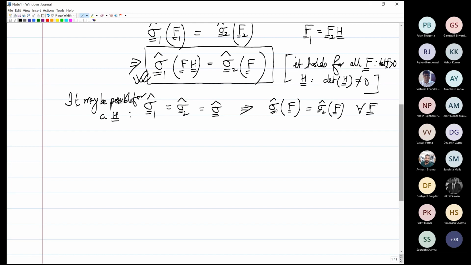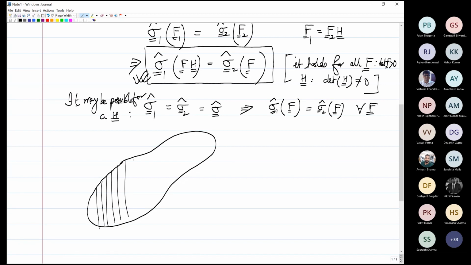Again, what's the meaning of that? Suppose that you have a material which has fibers in it. It has a family of fibers. Let us say it has two sets of families of fibers.